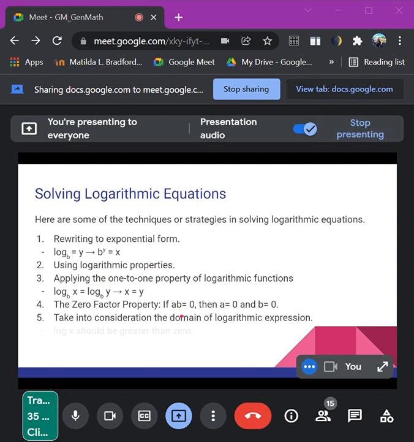Your domain for log x should be greater than 0. It should be greater than 0. It cannot reach the negative side. Isn't it that for logarithms we need to have an answer greater than 0? So these are some techniques and strategies in solving logarithmic equations.